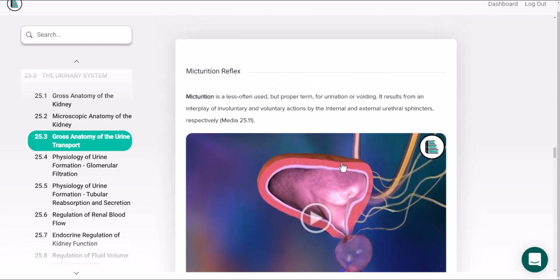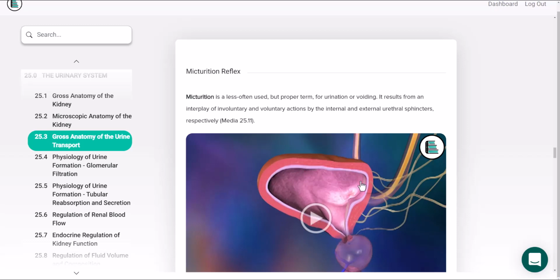Micturition, you don't hear it often, but it's the fancy word for the urinary reflex. You might call it urination or voiding, and regardless, it's a combination of involuntary and voluntary actions. That makes sense to you because the involuntary portion would be the detrusor muscle. Remember that smooth muscle? The internal sphincter is smooth muscle as well.